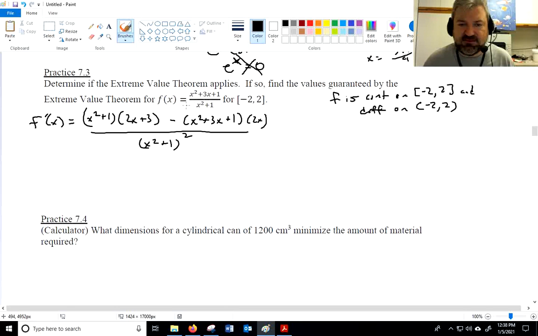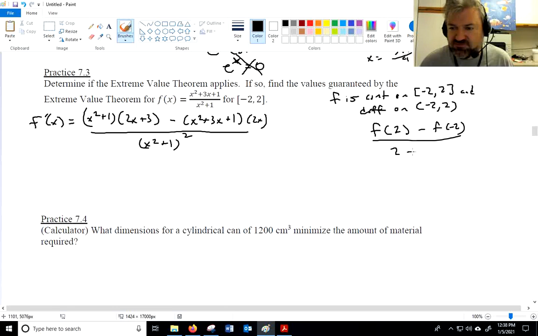Well, it tells me that there must be a place where this is equal to the slope of that secant line. So I'm trying to find f of 2 minus f of negative 2, all over 2 minus a negative 2. Well, f of 2 is 4 plus 6 is 10, plus 1 is 11 over 5.